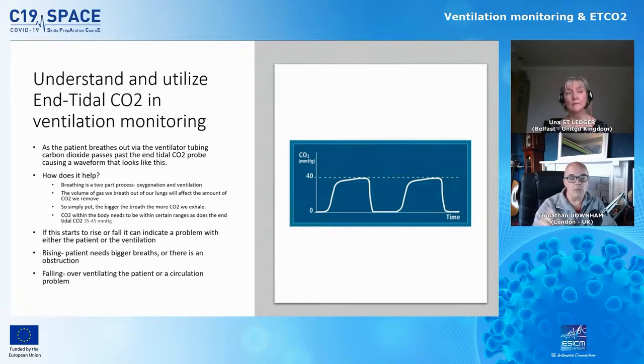We try and keep that within certain ranges as well. If it starts to rise or it starts to fall, then it can indicate a problem with either the patient or the ventilator. So if it's rising, for example, the patient might need to take bigger breaths. You might need to give them bigger tidal volumes. In other words, each breath we might need to make slightly bigger.